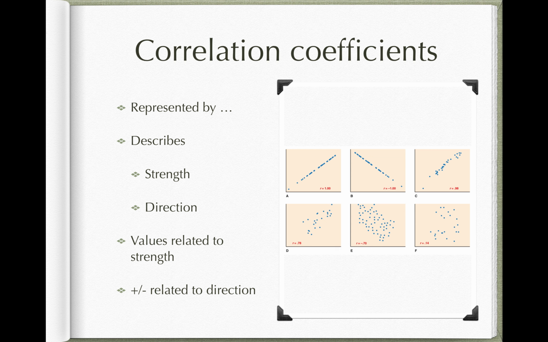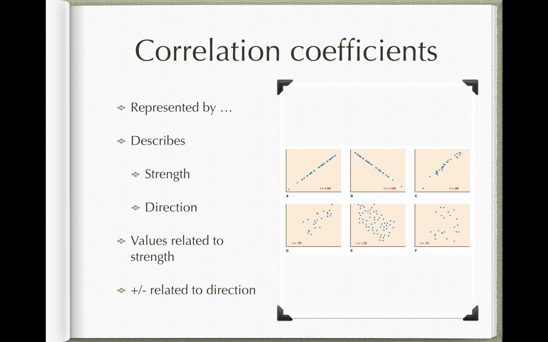Remember, the values went from -1 to 1, -1 for a perfect negative correlation, and 1 for a perfect positive correlation, while 0 means no correlation at all. So here in the second scatter plot, or scatter plot B, you can see a perfect negative correlation with a correlation coefficient of -1. The only difference between the first and the second one is the sign.